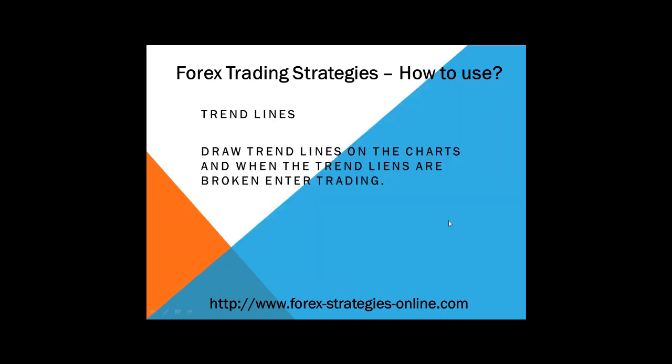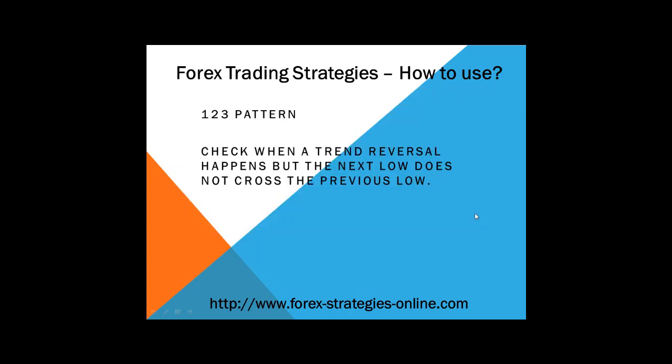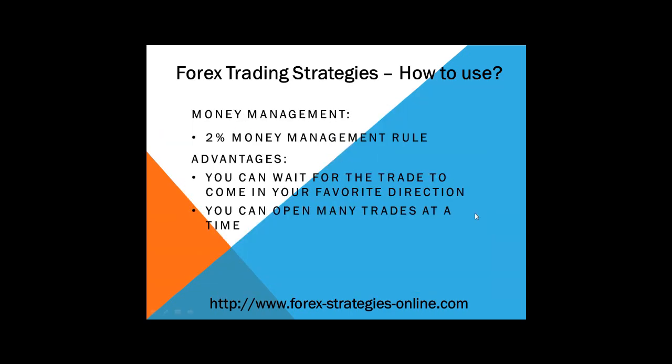But if you trade with only 2% of the amount, which is $100, you can still wait here. And you can also open another long trade at this point, where it is testing this trend line. You can open another long trade, and then you will eventually see profits for both of the trades. So that is the main advantage of following money management in forex trading.